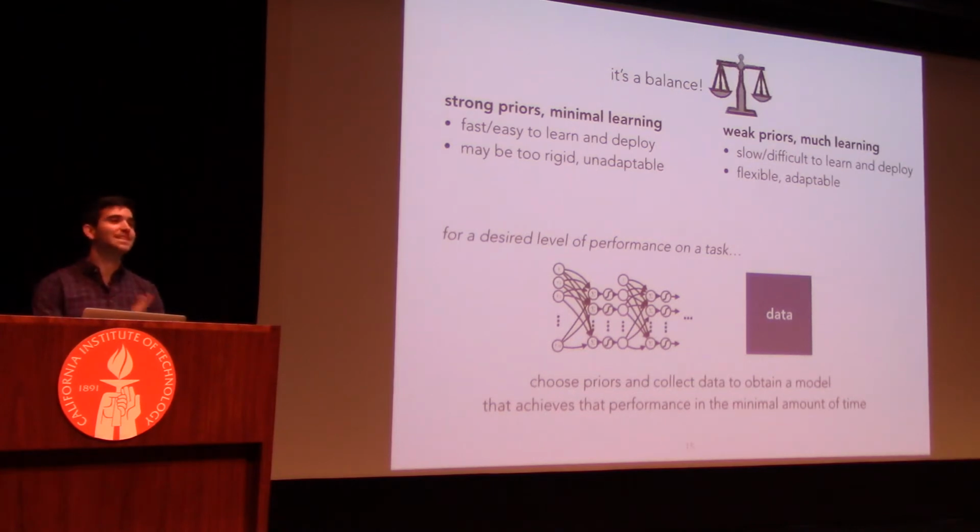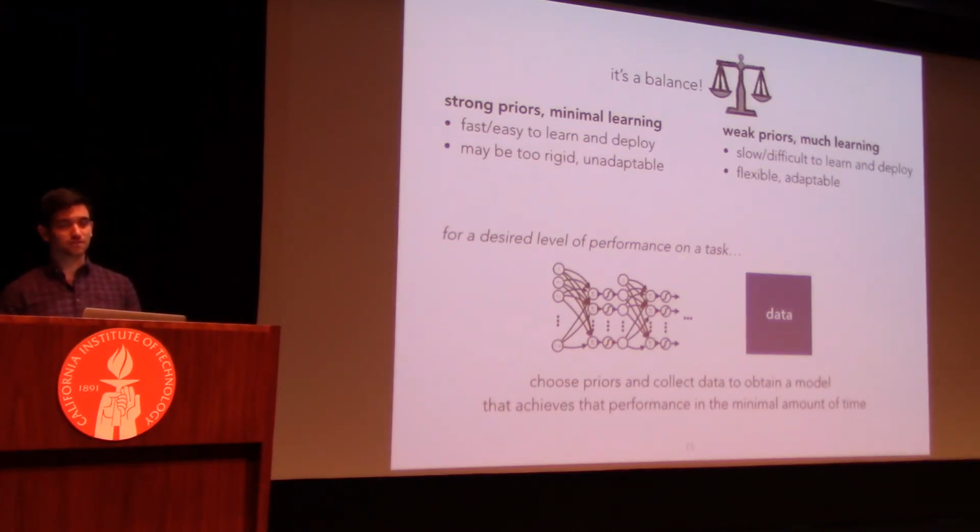Ideally, you'd like to find a set of assumptions, a set of priors, and a set of data that minimizes the time that it takes to actually deploy this model on solving this function. So it's this trade-off here with this scale between priors and learning.